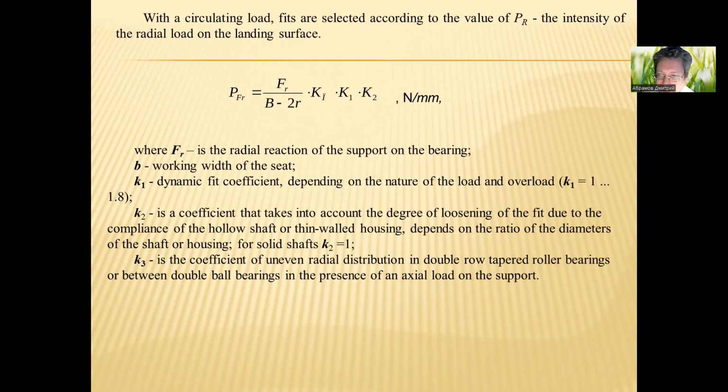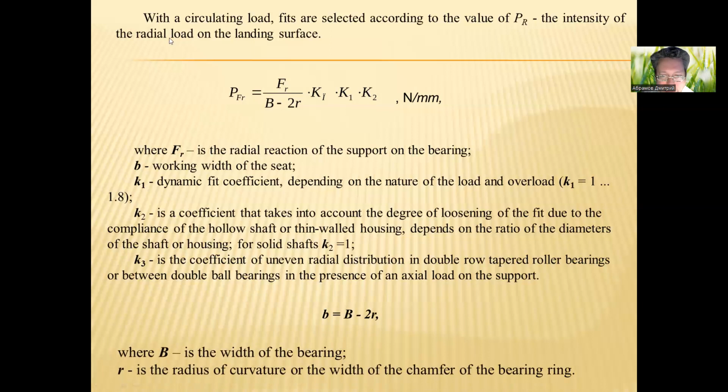It depends on the ratio of the diameters of the shaft or housing. And K3 is the coefficient of uneven radial load distribution in double row tapered roller bearings or between double ball bearings in the presence of an axial load on the support.